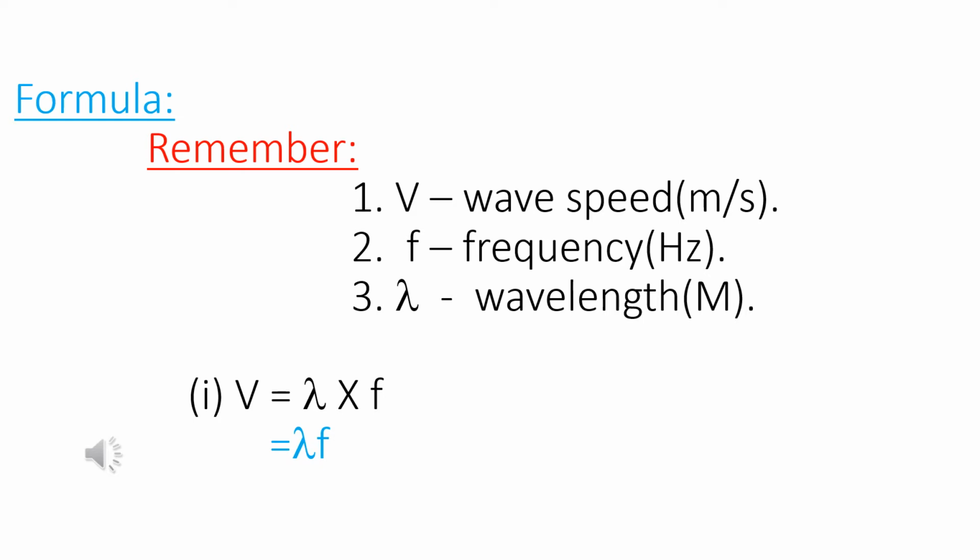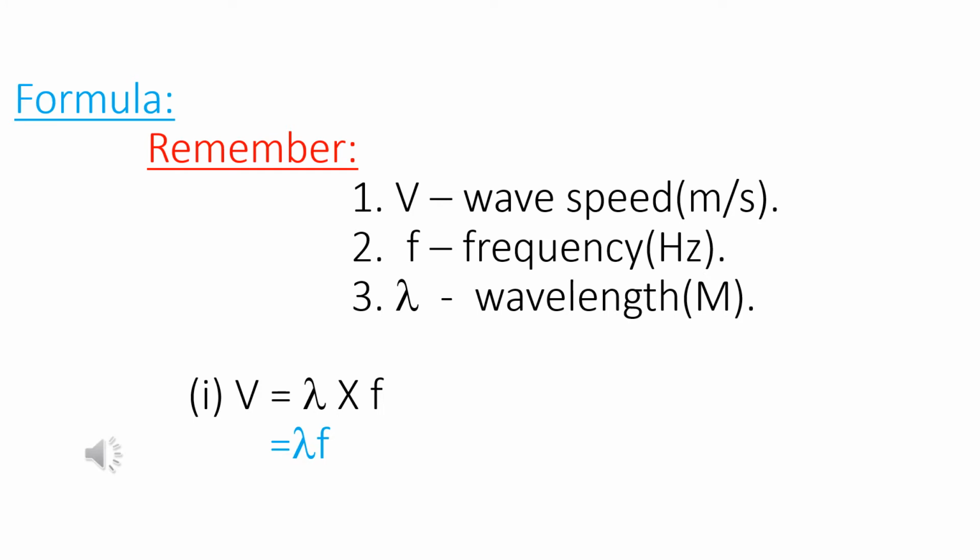Now, when we are finding the wave speed, the formula is wave speed equals wavelength multiplied by the frequency. The product of this symbol and f is the product of the two. So when I'm finding the wave speed, I only need to get the wavelength and multiply it by its frequency.